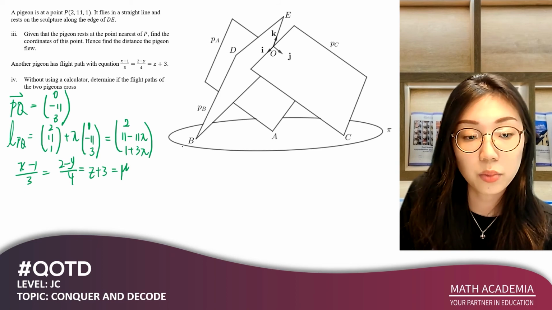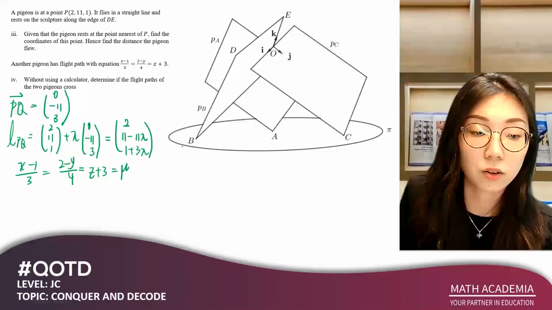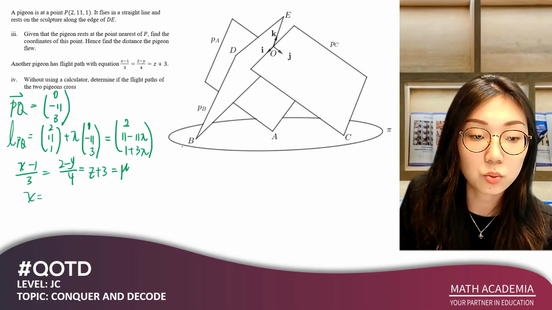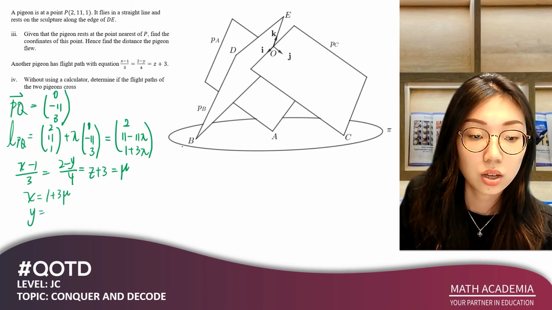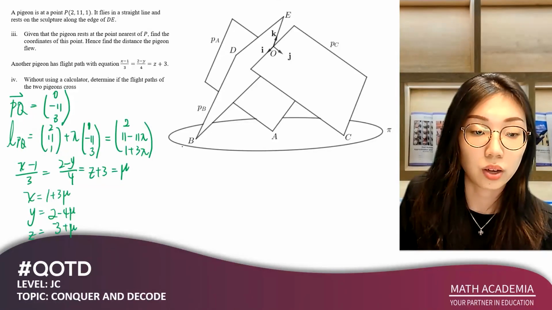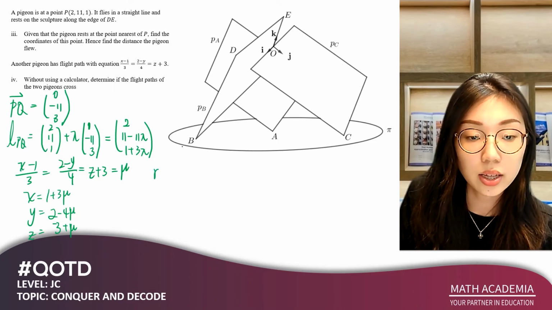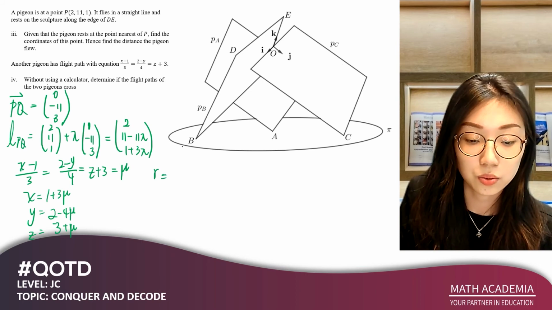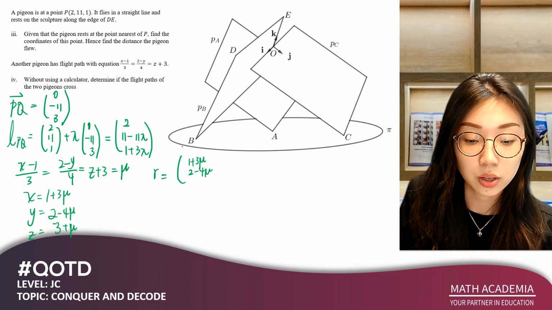Okay, so from this equation, I can represent x, y, and z in terms of mu. So x equals 1 plus 3 mu, y equals 2 minus 4 mu, and z equals negative 3 plus mu. Alright, the flight path of the second pigeon can be represented by r equals (1 plus 3 mu, 2 minus 4 mu, negative 3 plus mu).